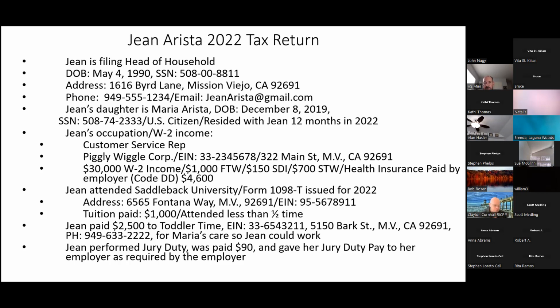I came back with my jury duty check and remitted it to my IRS secretary, which means step number one, I have to report jury duty. Step number two, I could take what is called an adjustment to income for that jury duty pay that I remitted to my employer. So you want to make sure if there's jury duty, you ask them, hey, did you hand over your check to your employer? And if not, then you just go to step number one, report jury duty pay.